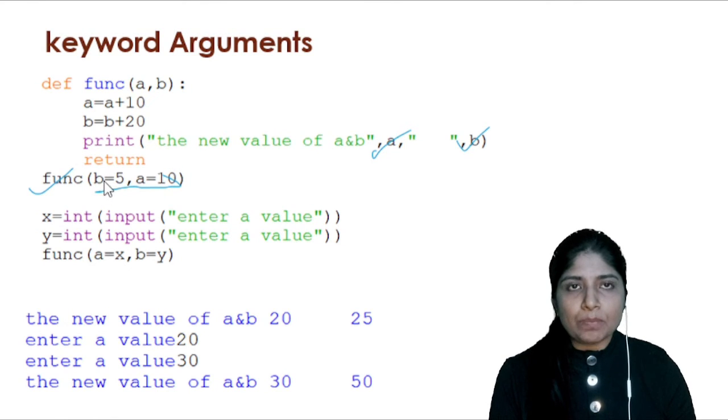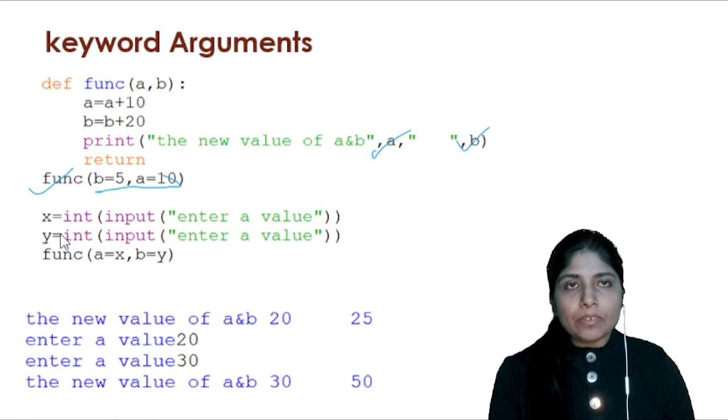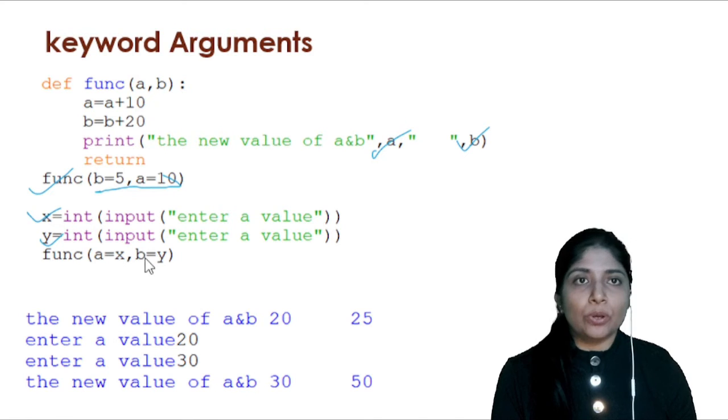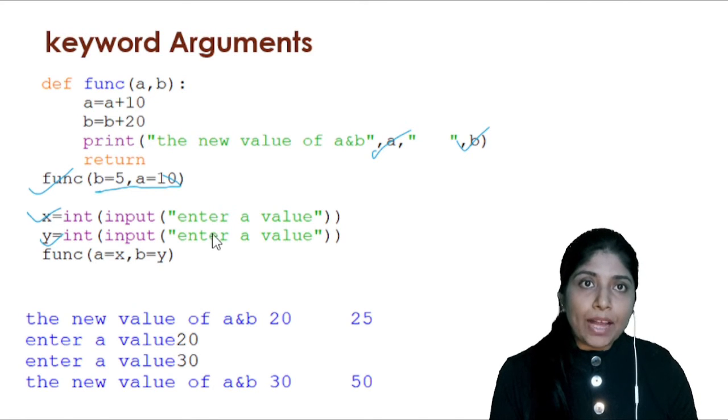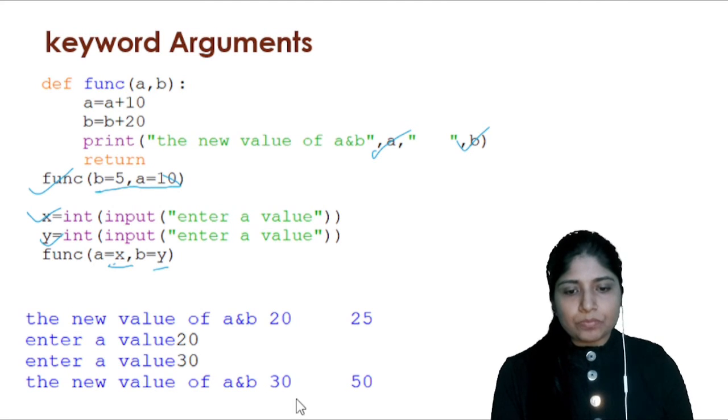I have used b first, then a. So it doesn't make any change, because this is keyword arguments. It can follow any order. And then I am receiving two values in x and y during the execution. And now I am passing these arguments as keyword values. So keyword arguments can be values and variables. Instead of values, here I am passing variables.